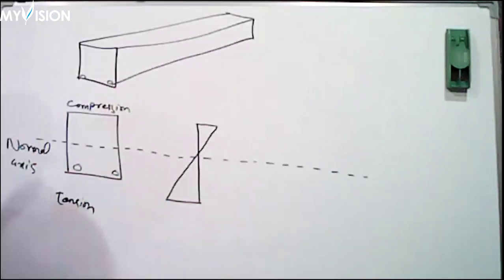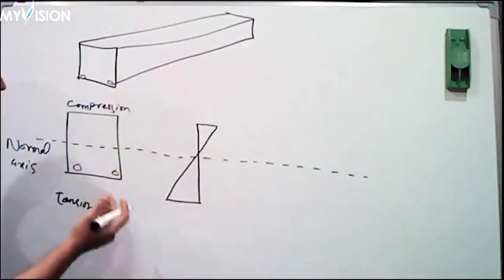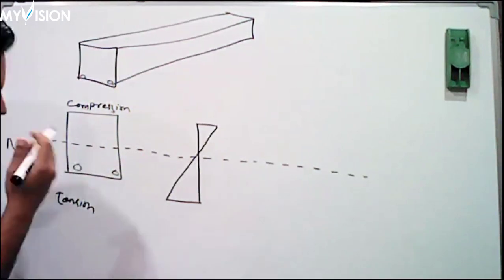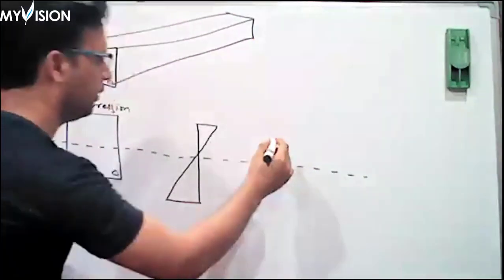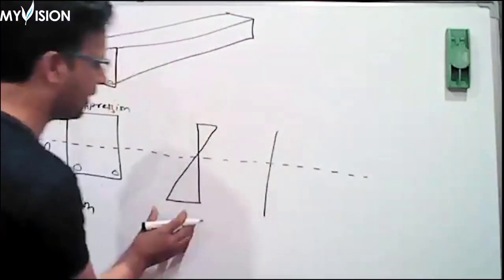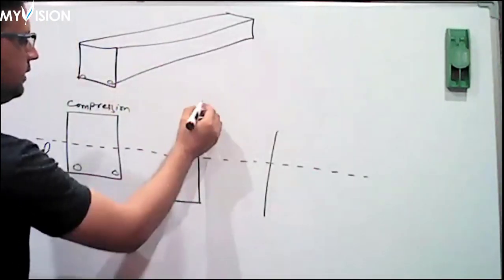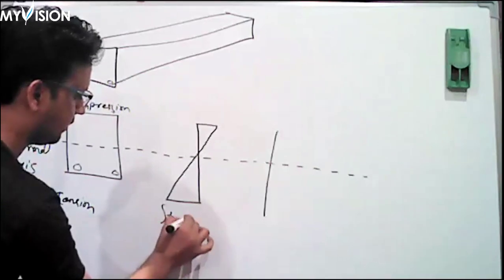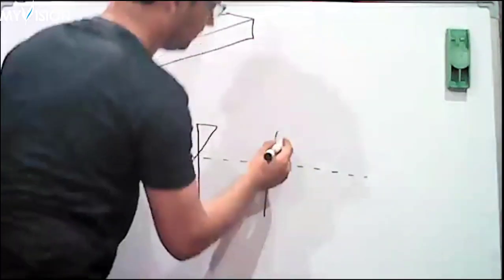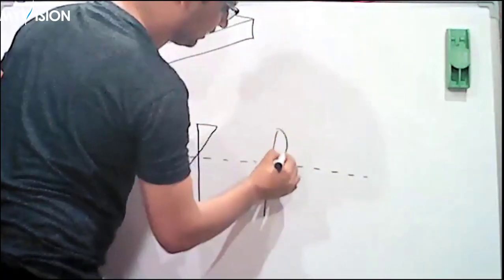For example, this is the shear force diagram. This will be the elongation. Then I will come back to the strain diagram. This is strain. But let me draw the stress diagram first.